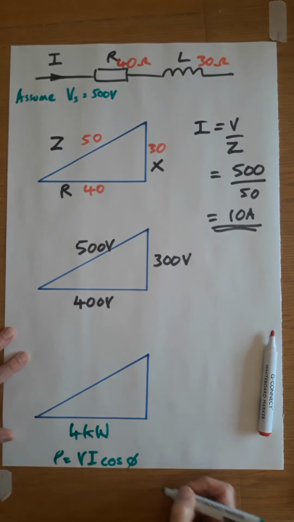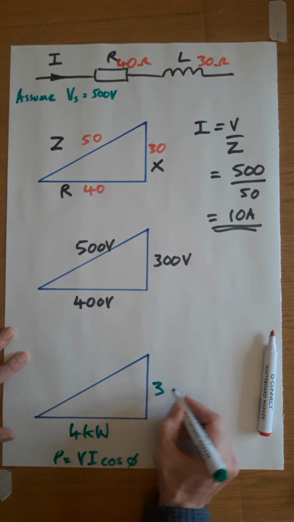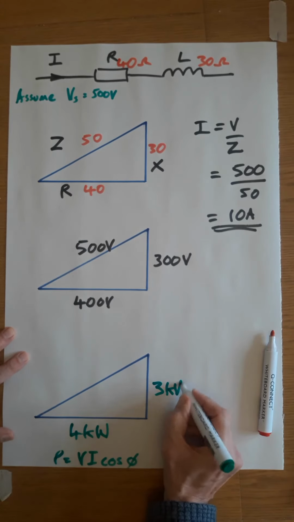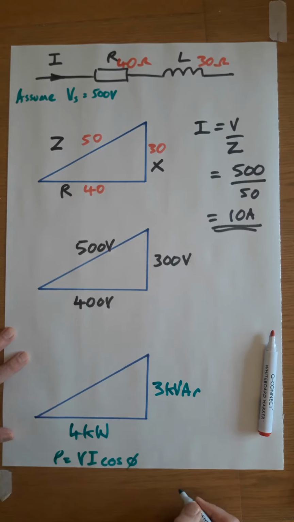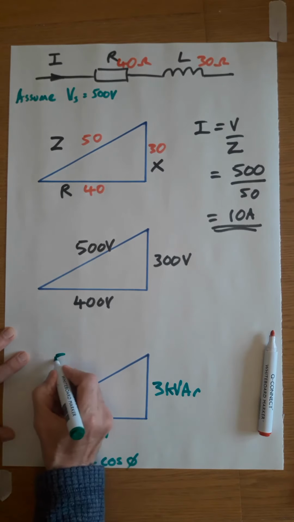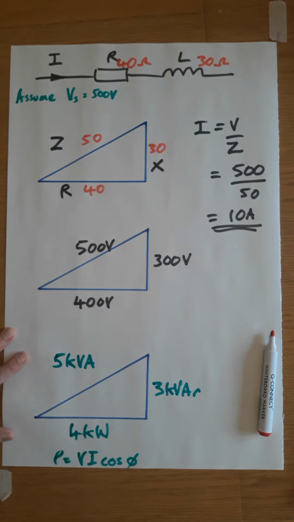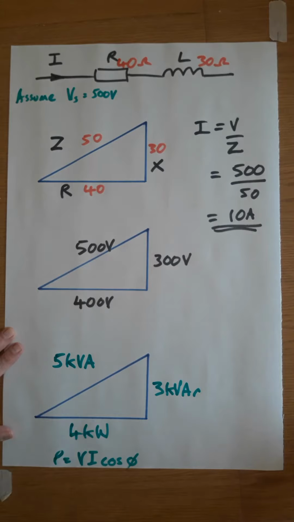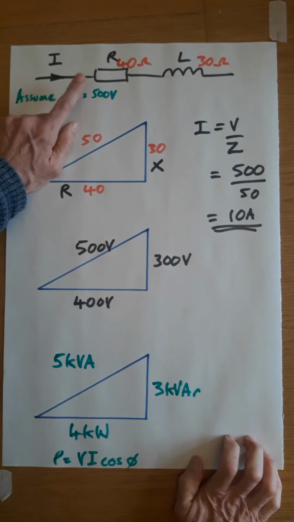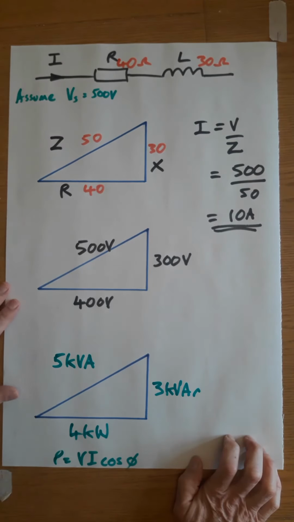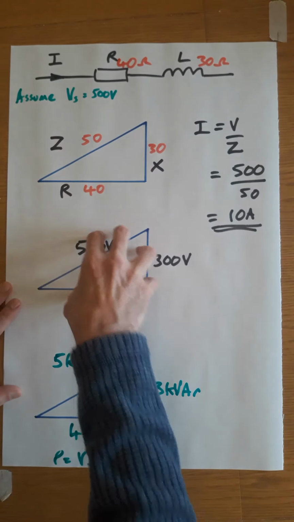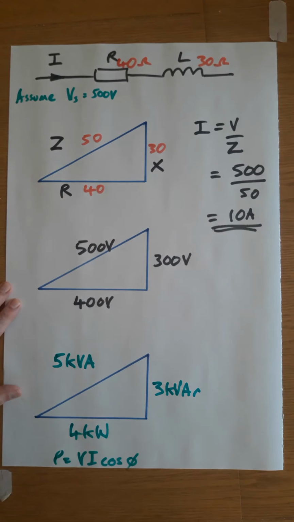You can work out kVAR, and this will be 3 kVAR. And the volt amperes is going to be 5 kVA. So the point of doing this is simple. This is one circuit, and from that one circuit we could produce several different triangles.